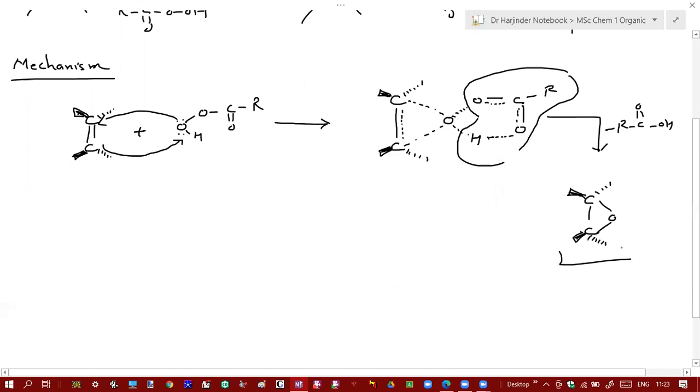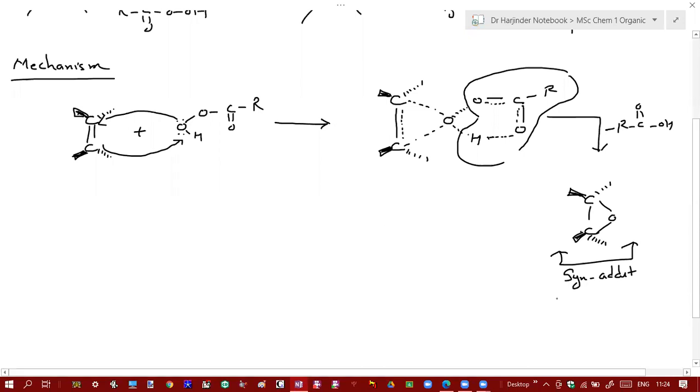Okay. Now, if we talk about the stereochemistry of this epoxidation reaction, the normal epoxidation reaction in presence of peracid: what kind of addition has taken place? Syn addition or anti? Syn addition. So here you go.